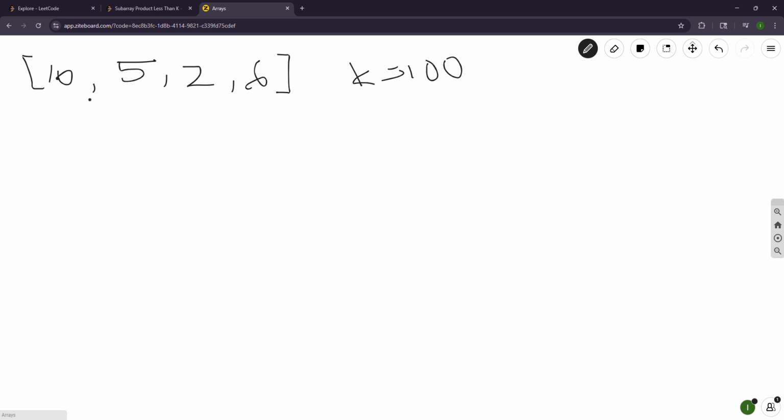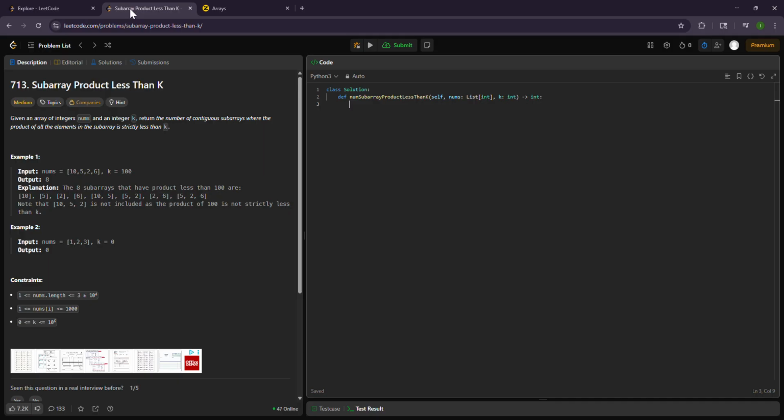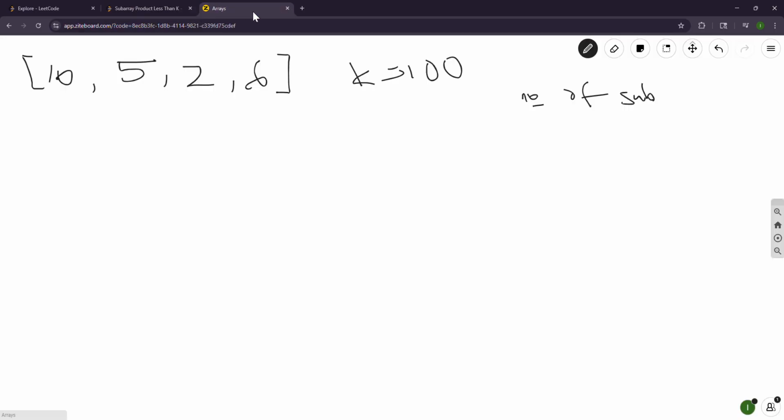So the question wants us to find the number of subarrays. That is our constraint metric. Now, what is the limit on the constraint metric?